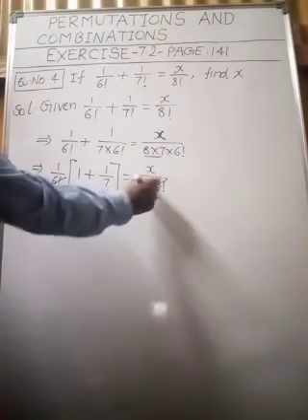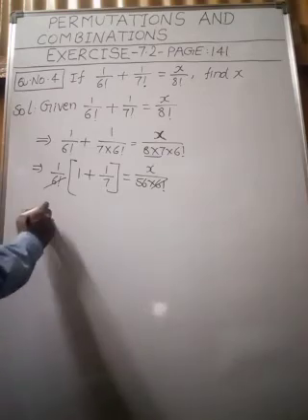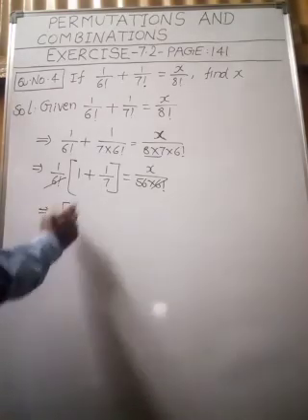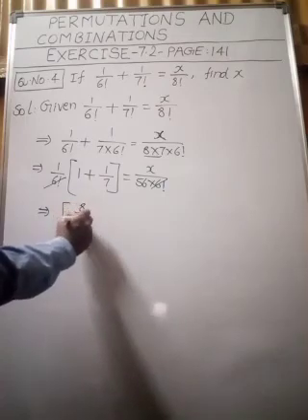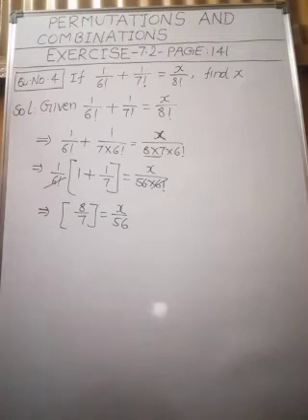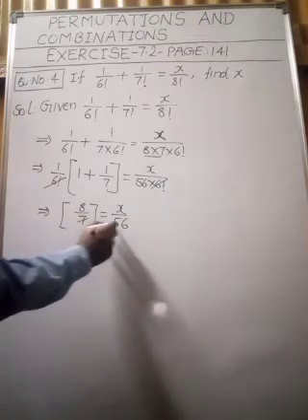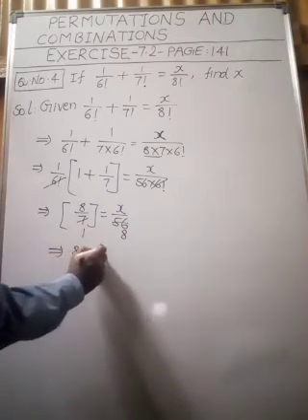Here the denominators get cancelled. Understood? Right. This implies, take the LCM, what you get? 7 plus 1, 8 by 7 is equal to x by 56. Here 7 ones are 7, so 7 eights are 56. This implies 8 is equal to x by 8.